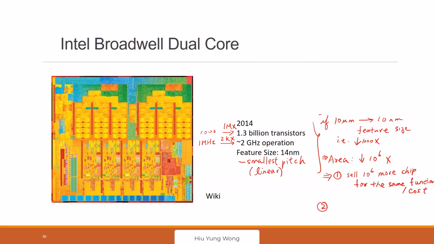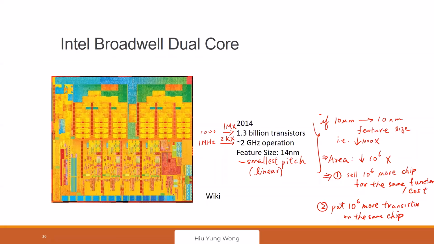Second, maybe I can put 1 million more transistors on the same chip and sell for the same price. Everyone is going to just dump away their computer because they want to change for something better.